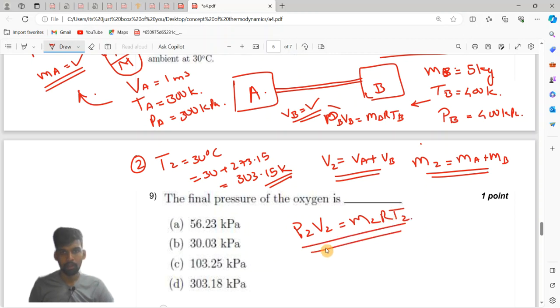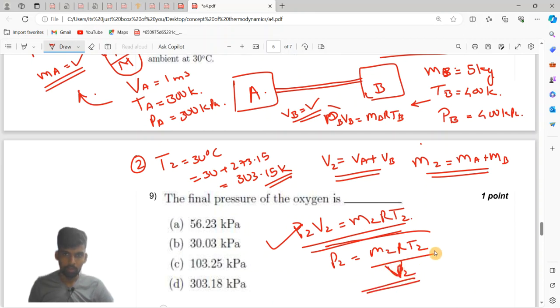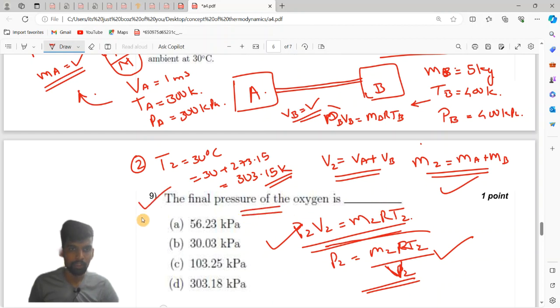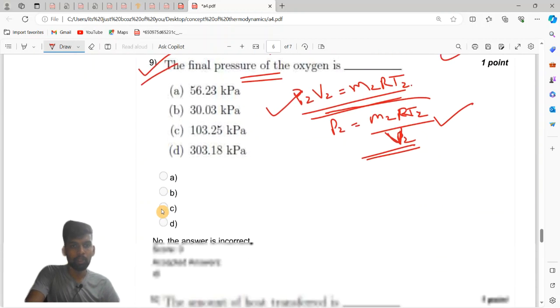From this, we can calculate P2 as M2 R T2 divided by V2. M2 we have calculated, R I've told you about, and T2 we have 303.15. And V2 is VA plus VB. From here, we can calculate the final pressure of the oxygen, that is the pressure at state 2, and it will come out as option D.